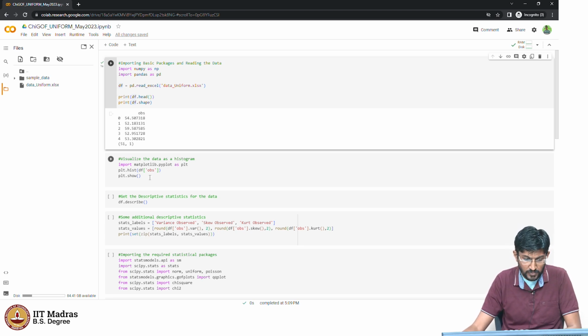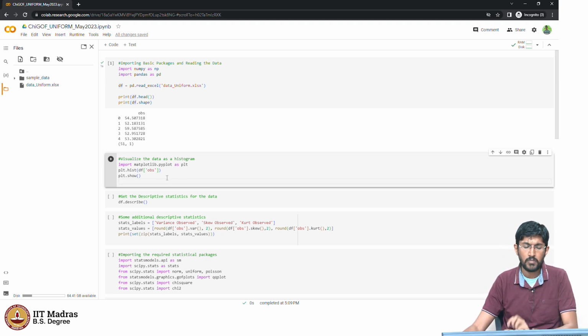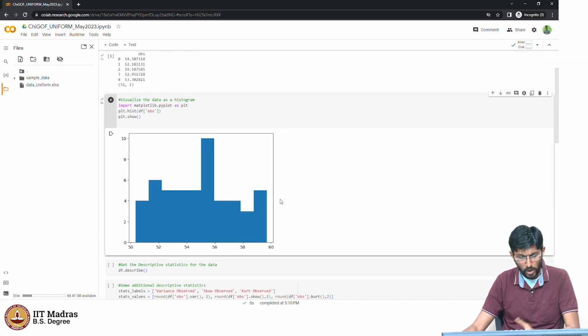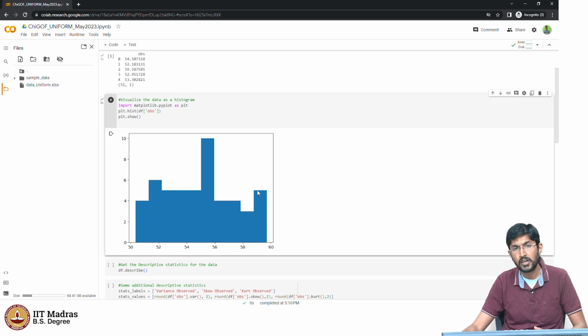The first visualization that we are going to do is to plot a histogram for this particular data set. So let's plot that, and these are the commands for you. If I plot this, what do I see? I see that there is not one single peak. I do have a peak here and here, so there are several peaks.